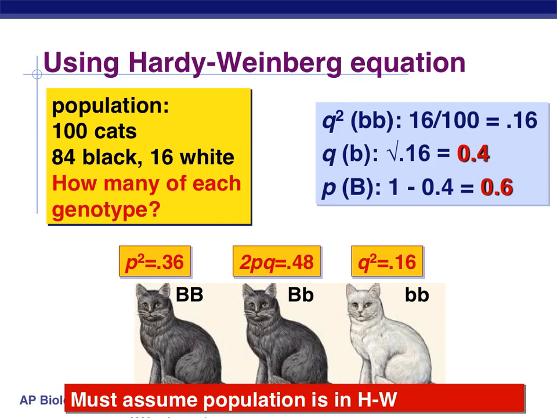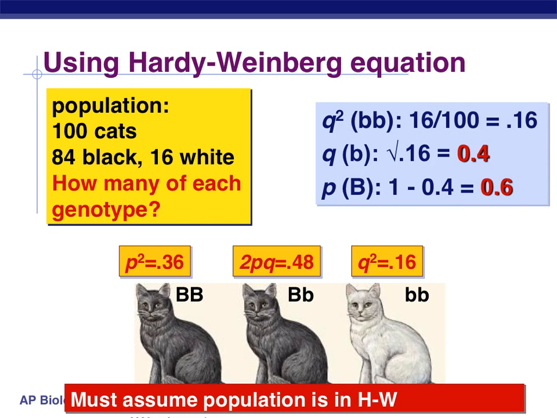Now, if this is your squared value, you simply have to take the square root to find q, which would be 0.4. And then since p plus q equals 1, it stands to reason that 1 minus q would equal p. So 1 minus 0.4 would equal 0.6, and 0.6 would be your p value.